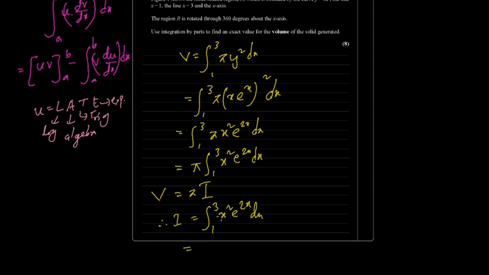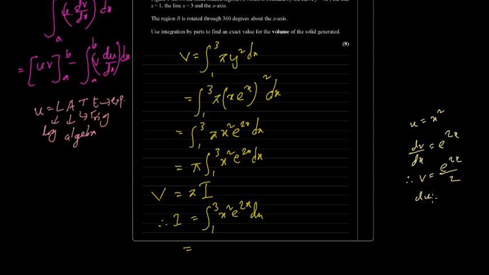So by LATE, x squared: L for logarithm, there is no logarithm; A for algebra. So this is algebra. Algebra comes first, so that is our u. We can do this rough work at the side. u equals x squared, therefore dv by dx equals e to the power 2x, therefore v equals the integration of this, which is e to the power 2x by 2, and we need the derivative in one step.